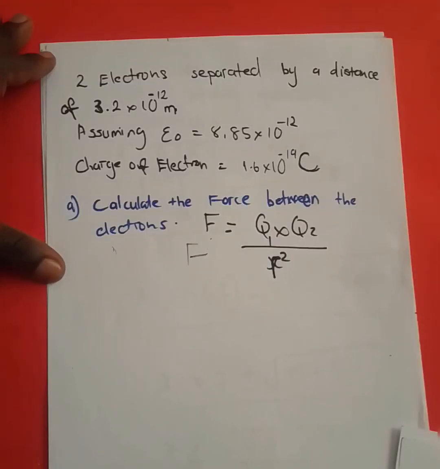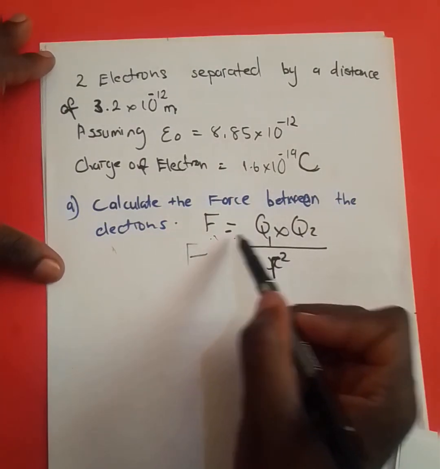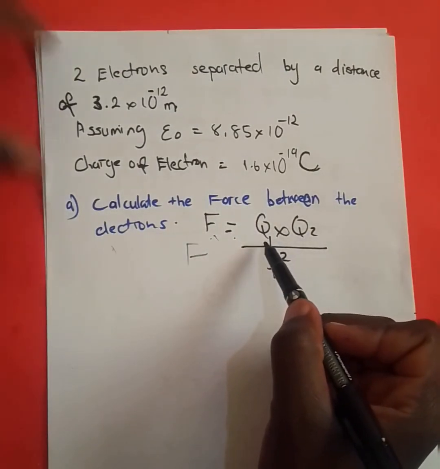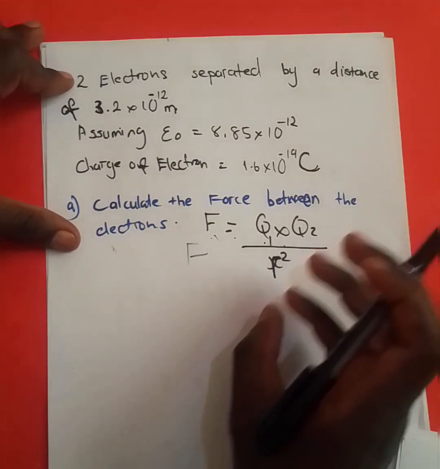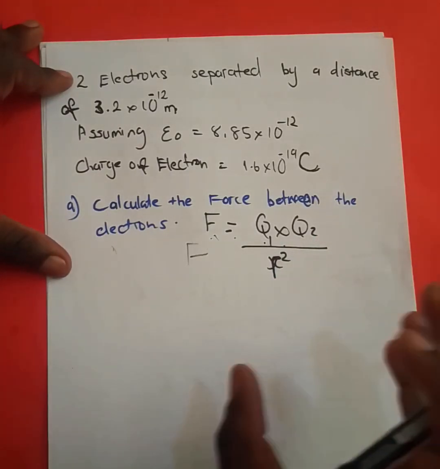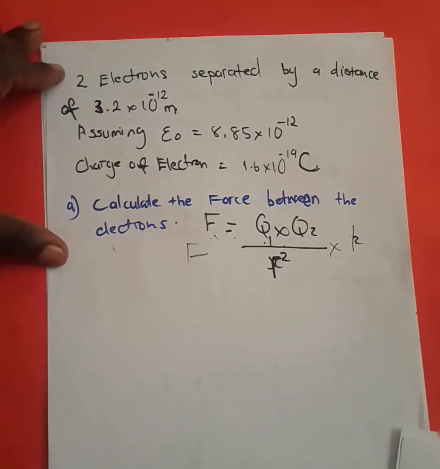Okay, to calculate the electric force between the electrons, we use this formula: F, the electric force, is equal to Q1, the first electron, times Q2, the second electron, over R squared, R being the distance between the electrons, times K, which is the constant.